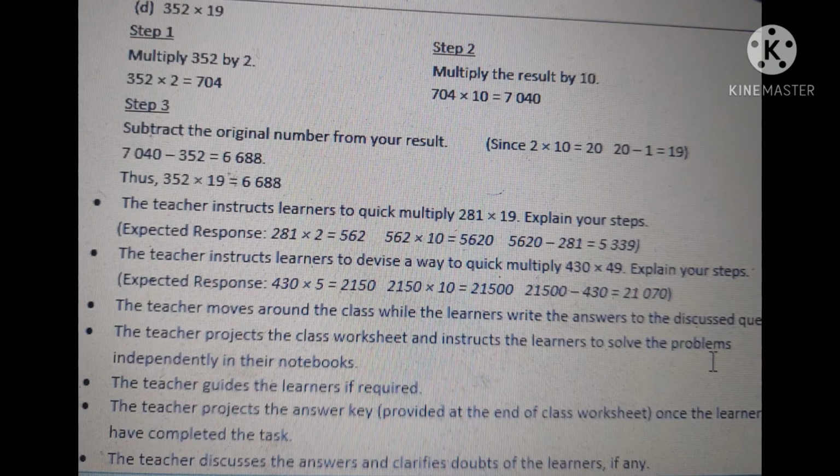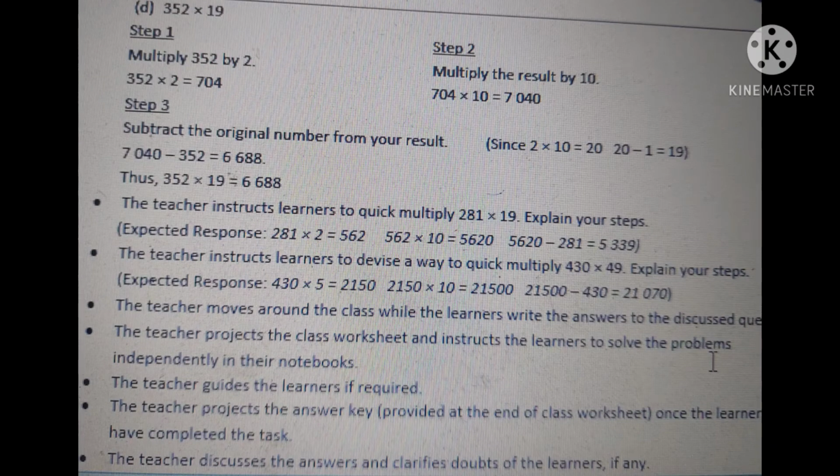Then the teacher asks the students to quick multiply a sum like 281 by 19, and the expected response should be like this. First 281 should be multiplied by 2, and the result would be 562. Then 562 should be multiplied by 10.